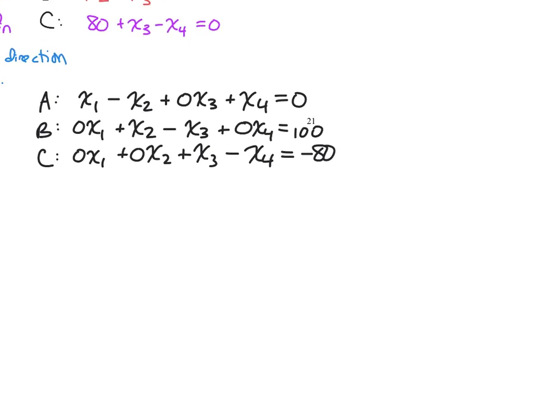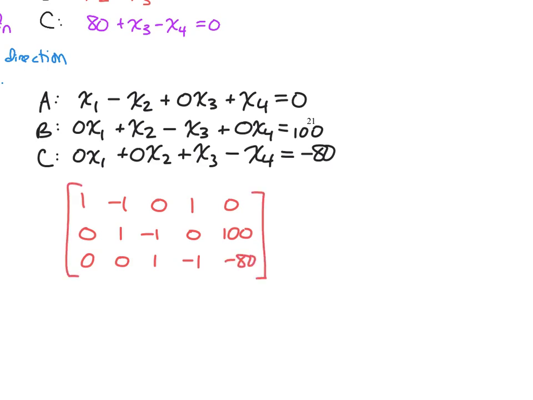So 1, negative 1, 0, 1, 0, 0, 1, negative 1, 0, 100, and then 0, 0, 1, negative 1, negative 80. And then we can pop this in. This is a 3 by 5.